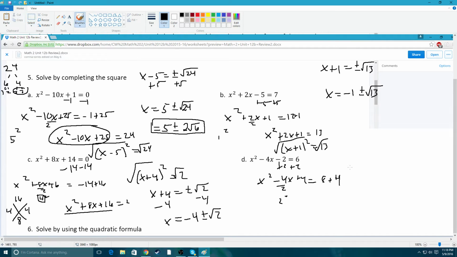So this becomes x squared minus 4x plus 4 equals 12. We're going to factor this. This ends up being x minus 2. It's minus instead of plus now because negative 4 divided by 2 is negative 2 squared. So x minus 2 squared equals 12.